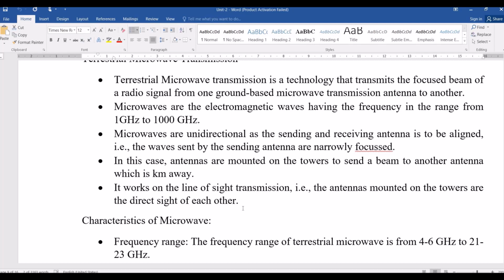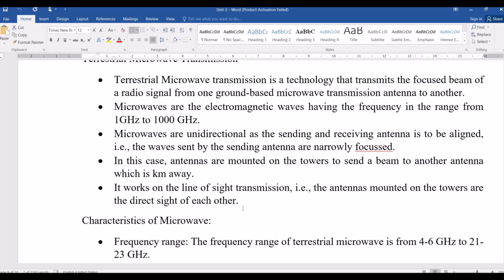In this case, antennas are mounted on towers, each beaming to another antenna which is kilometers away. So we need high-altitude, high-clearance antennas at the top of buildings or mountains to have more clearance.